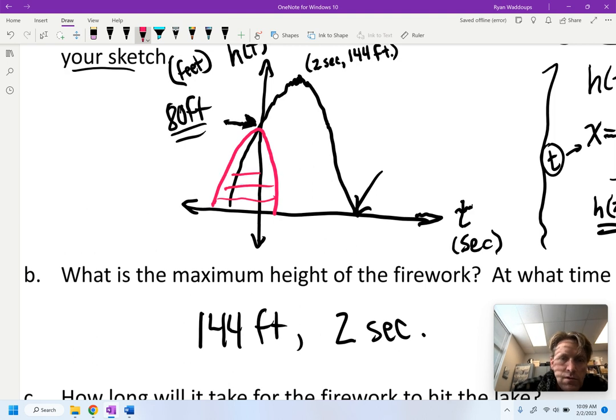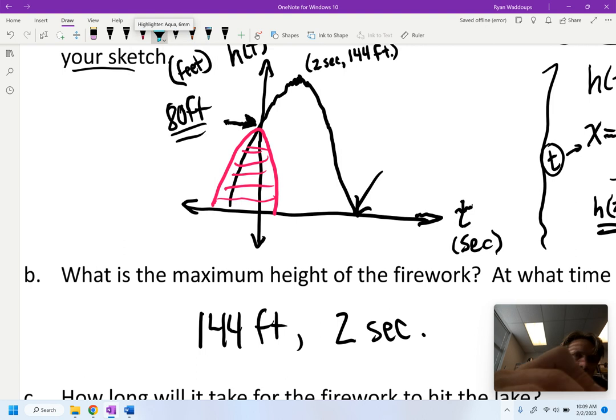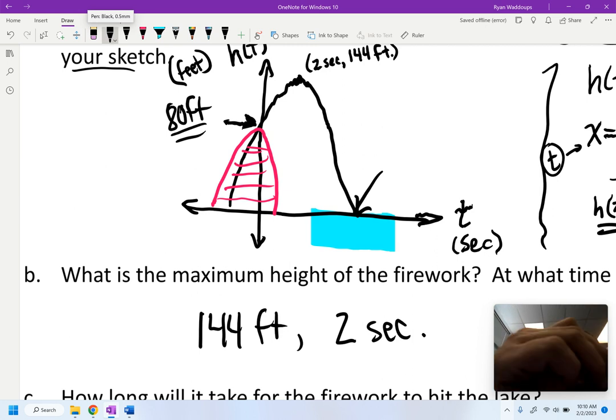So they're launching this firework off the lake, and it goes up, and then it comes down, and it hits the lake. And the lake, let's use a different color here. The lake right there is the point when the height equals 0.